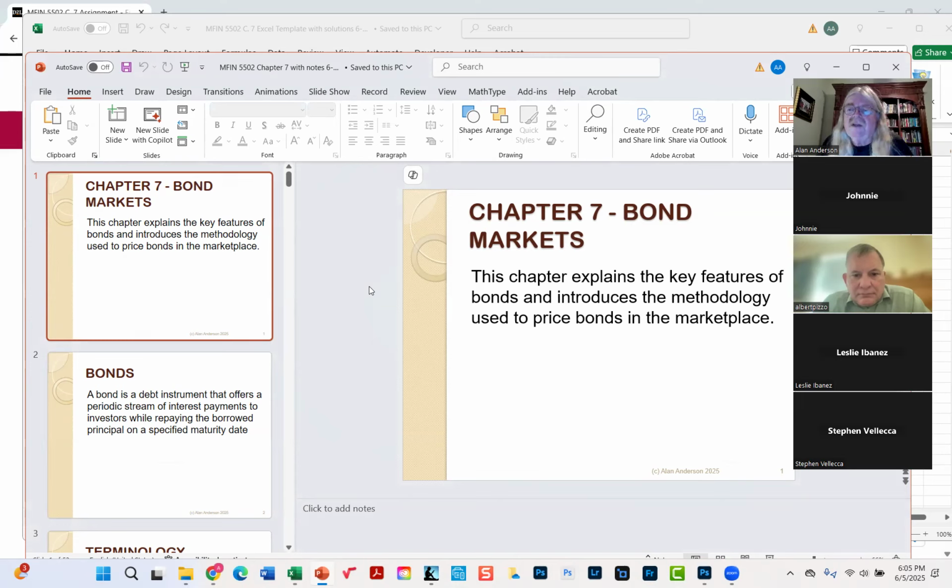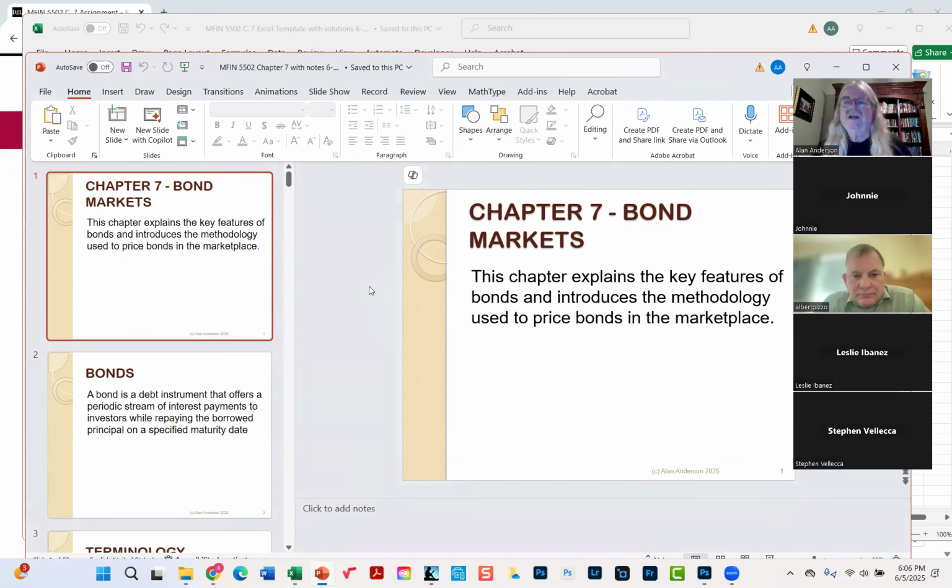In fact, the people who work in this area often tend to be people with very strong math skills, because it requires some fairly complicated techniques to adequately price a bond and determine what kind of risk is involved in owning a bond. So this is much more quantitative than what you would see with stock market analysis.